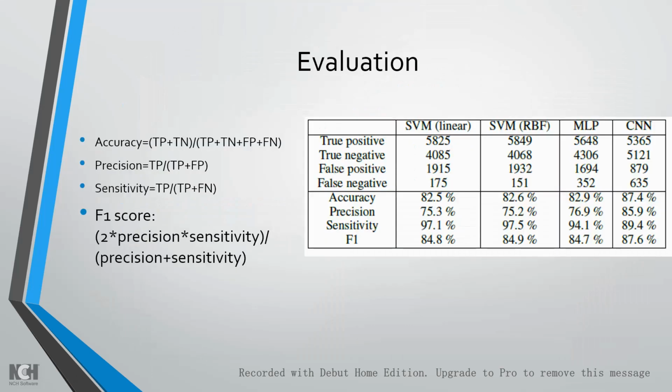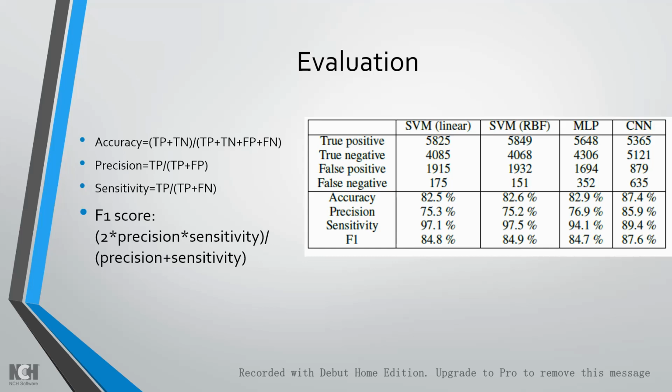This is the evaluation of the NLOS classification system using CNN. Two other machine learning algorithms are used to classify the signals to compare the performance of the system. Two types of support vector machines, SVM, and multi-layer perceptron, MLP, are implemented.